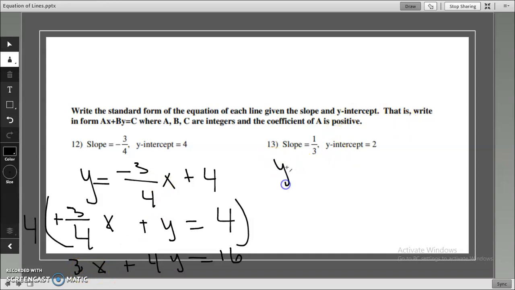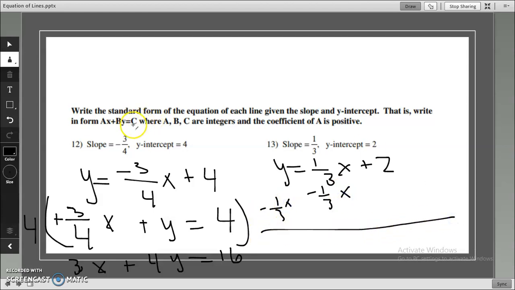So we have y equals 1/3 x plus 2. I'm going to subtract 1/3 x from both sides. This time I'll write it out because I want that to be equal to c, right? So I get -1/3 x plus y equals 2.